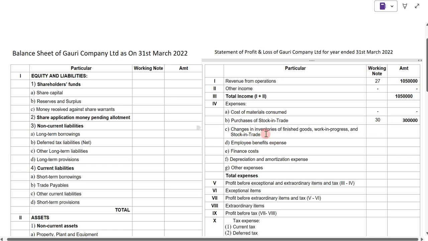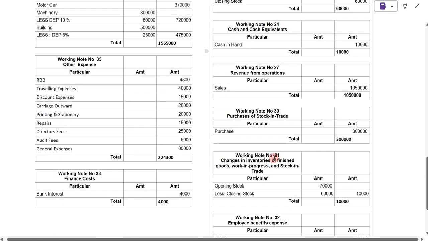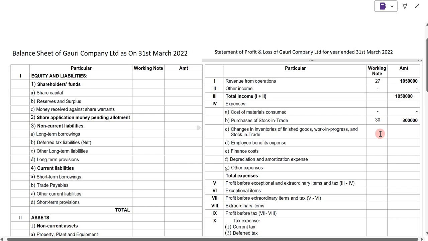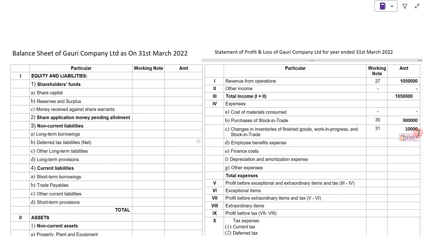After that, change in inventory. We have prepared the working note, that is working note number 31. The total of note number 31, that is change in inventory of finished goods, work in progress and stock in trade, is 10,000.